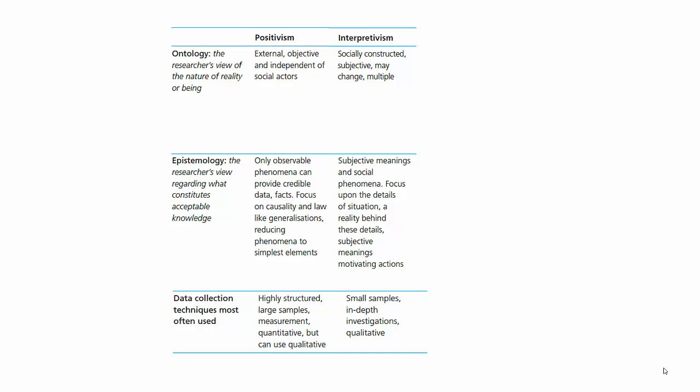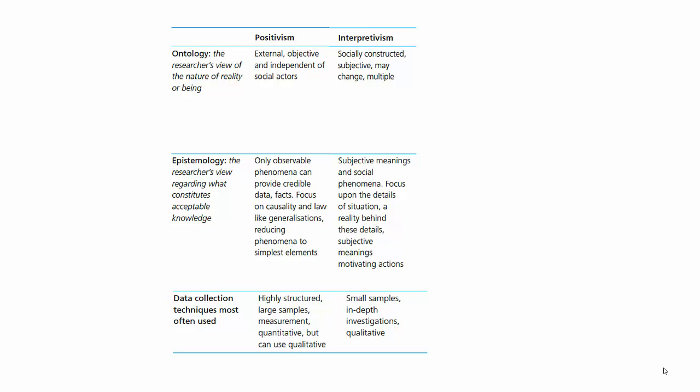From an ontology point of view, positivists believe in external and objective reality independent of social actors, whereas interpretivists believe that this reality is nothing but socially constructed, subjective, and may change, or there may be multiple realities depending on who's looking at them.